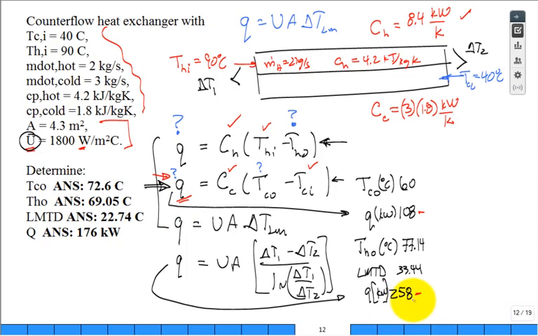So on the second round, we're starting with Q is 258. Can you give me the new best estimate of T cold out from this energy balance equation? Can somebody calculate it, then call it out for me?